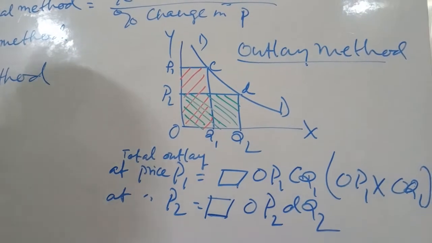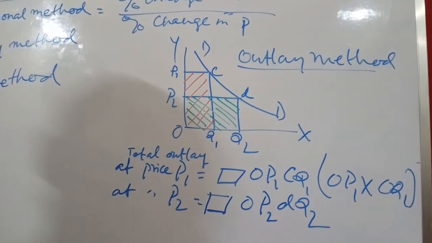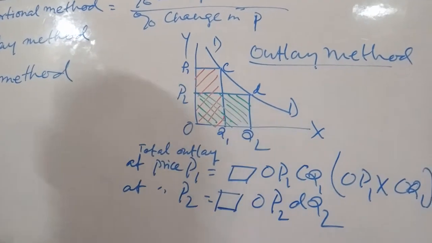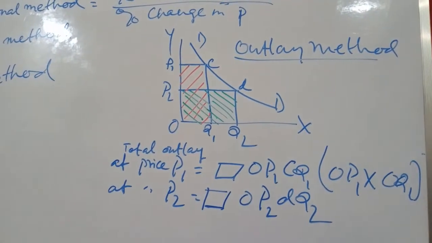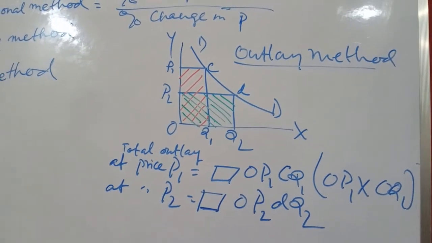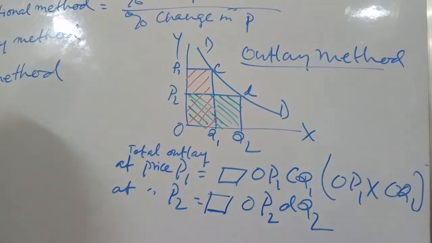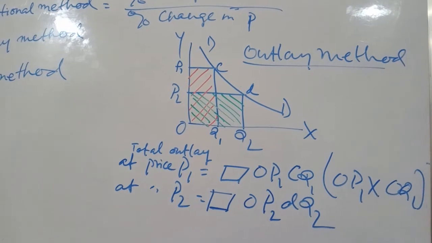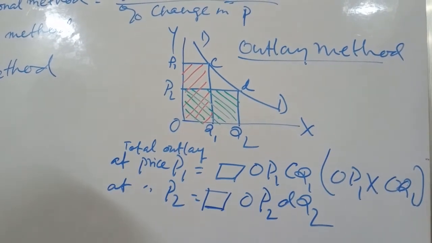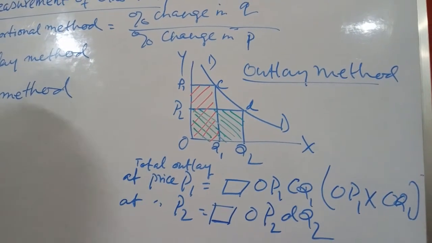Now, if due to a fall in price of the commodity, total expenditure increases, then the elasticity is said to be more than 1. And if due to a fall in price, total expenditure falls, then elasticity is said to be inelastic, less than 1.